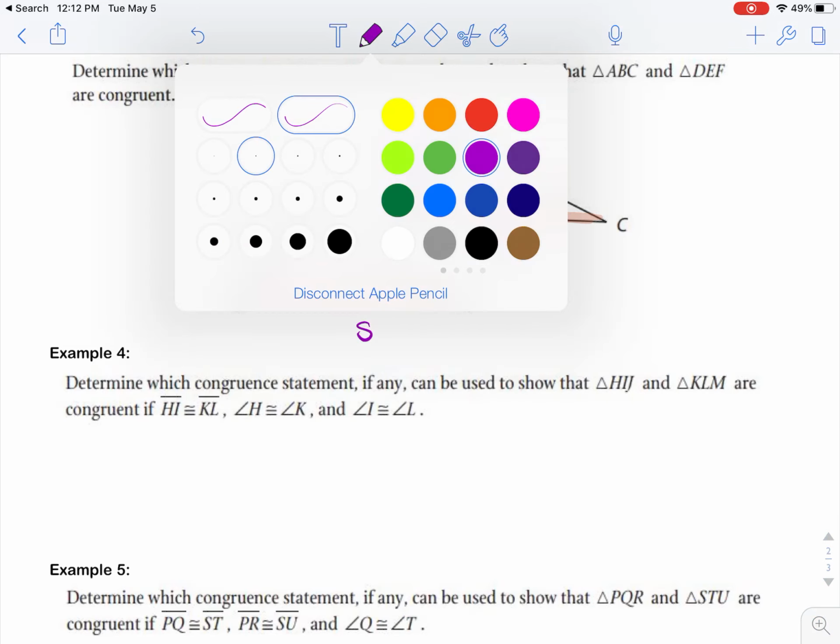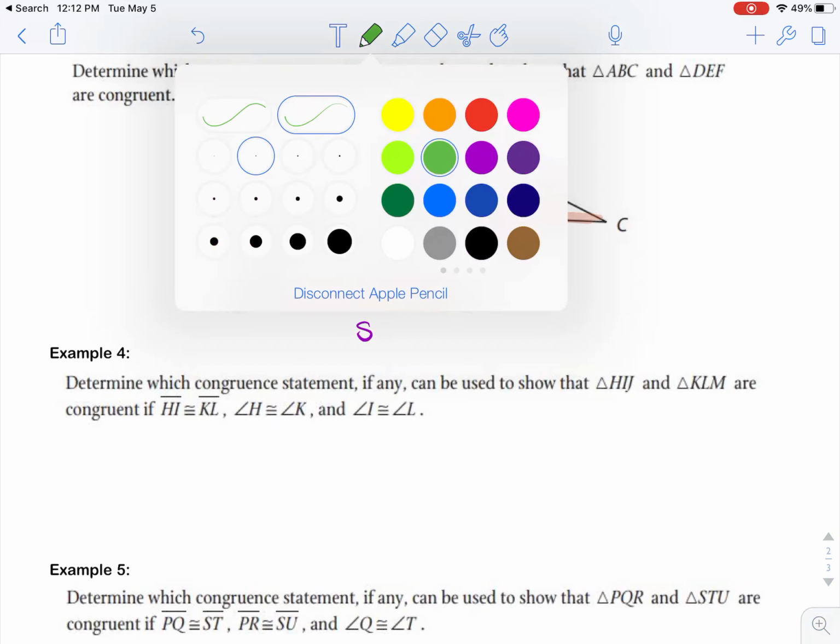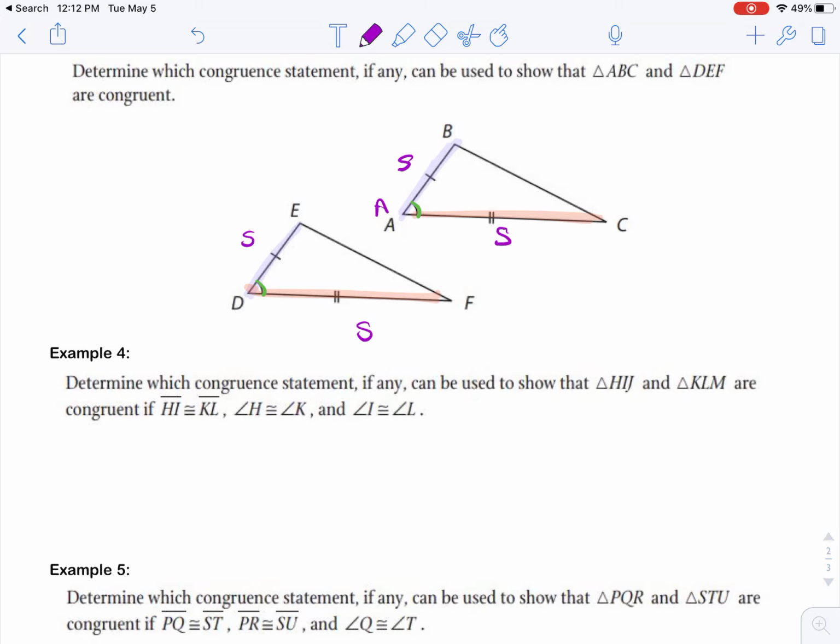And if you notice, I have an angle that is in between those two congruent sides. If the angle was over here, do you notice how that's not touching that purple and that orange highlighter line? It's got to be in between. So this is an example of side, angle is in between, side.